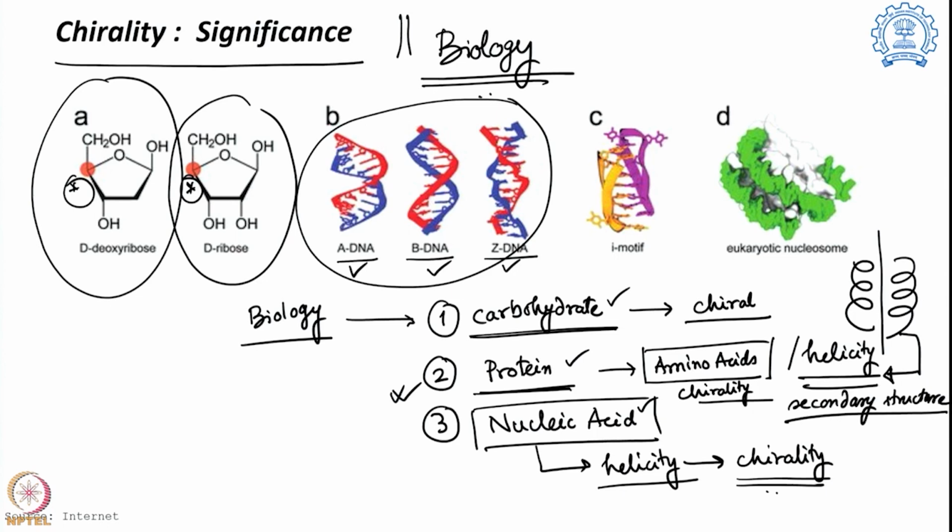In the later portion of the class we will cover some examples of how biology actually uses this chirality. But over here our main goal is to find out, yes, chirality is important in biology.